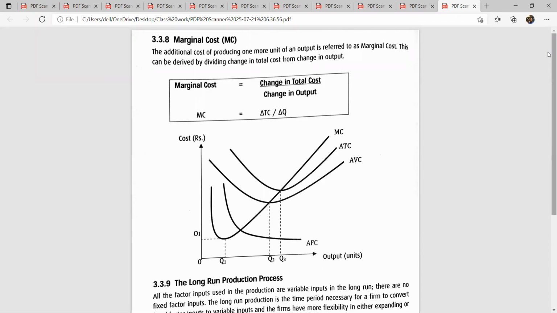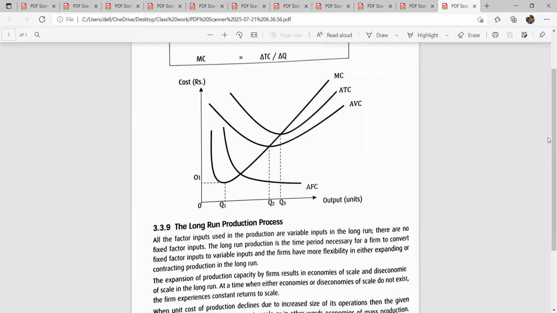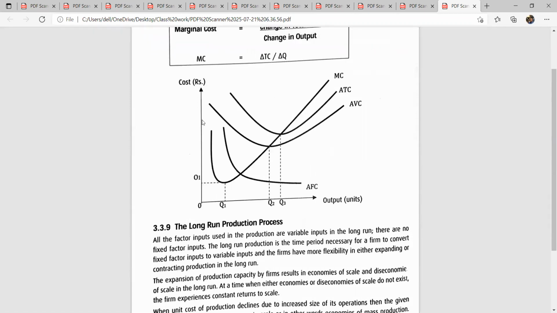So the additional cost of producing one more unit of output is referred to as marginal cost. This can be derived by dividing the change in total cost by the change in output. So marginal cost, MC, equals change in total cost divided by change in output, delta TC, delta means change, divided by delta Q.